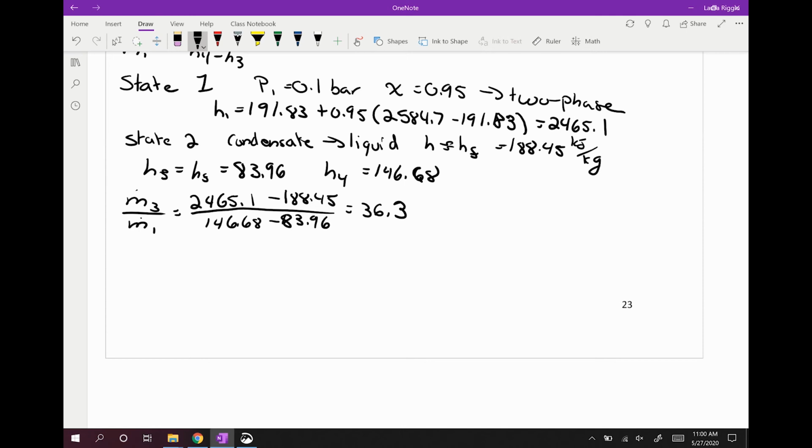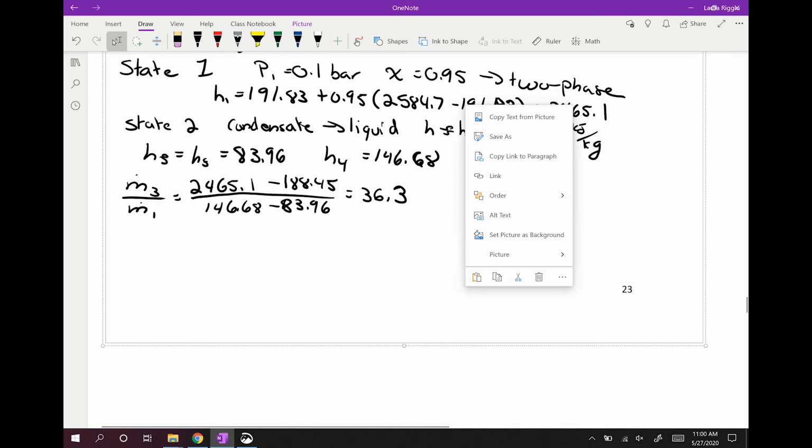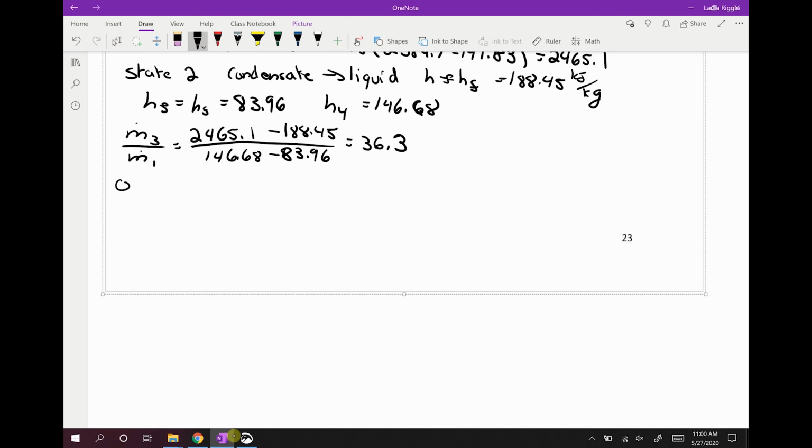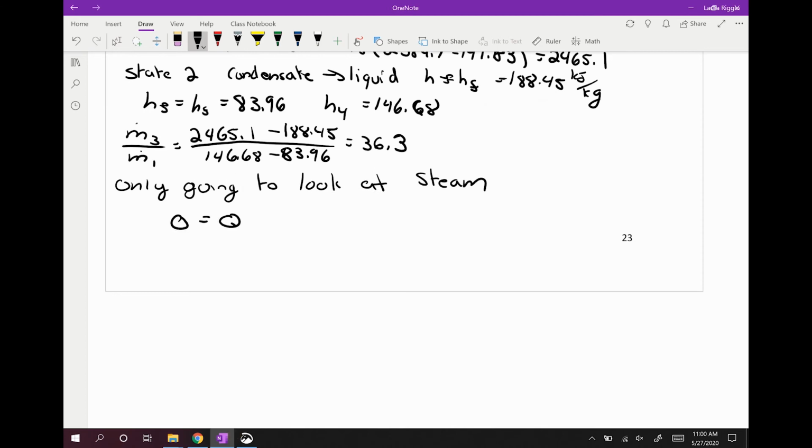So we have to calculate the heat transfer rate from the condensate stream to the cooling water per kilogram of steam. So I'm only going to look at the steam side. Since I'm only looking at the steam side, there is heat transfer. There's still no work. There's still no kinetic or potential energies.